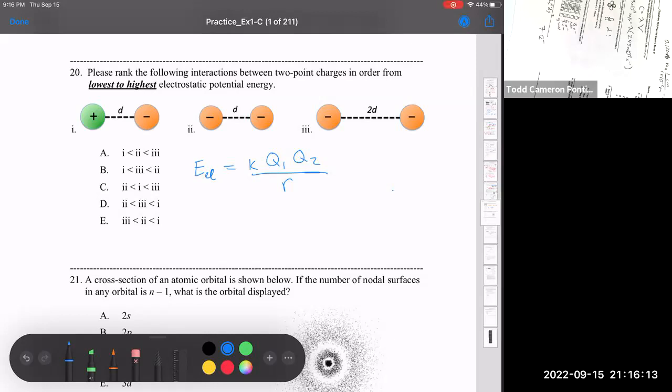And what I'm going to do then is plug in for system 1.